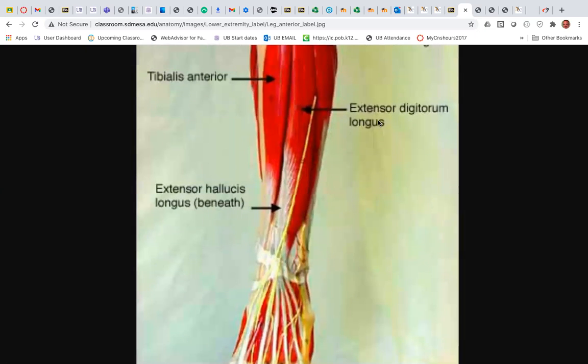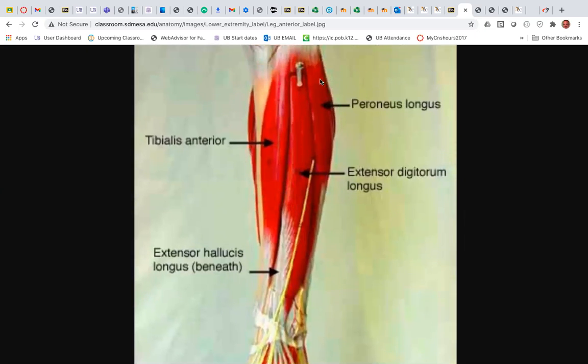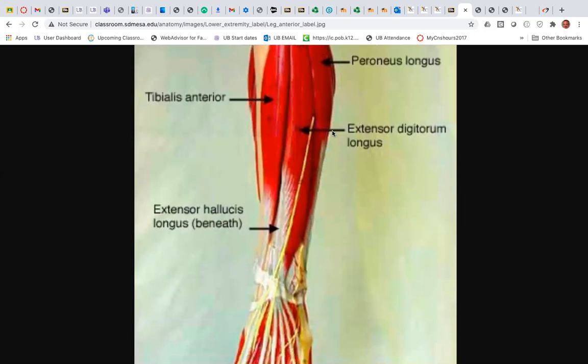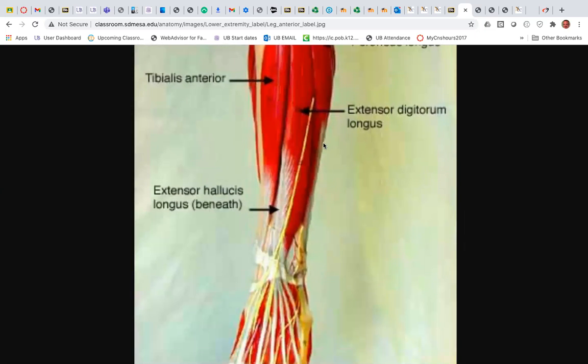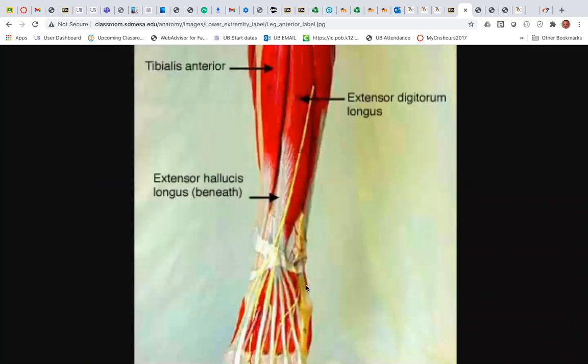That's the extensor digitorum longus. And on the outer part of the leg, we can see the superficial peroneus longus. You can see a little bit of the tendon here, but again, not the best view to observe a muscle on the outside of the leg, but you can see the belly of it. The tendon, you would have to rotate this all the way around so you can see it on the lateral side.